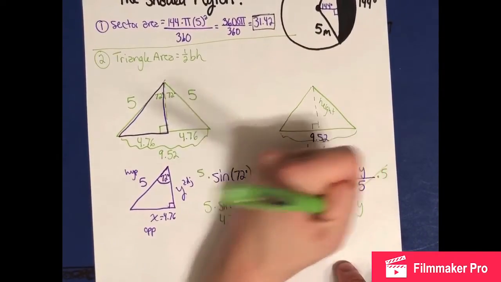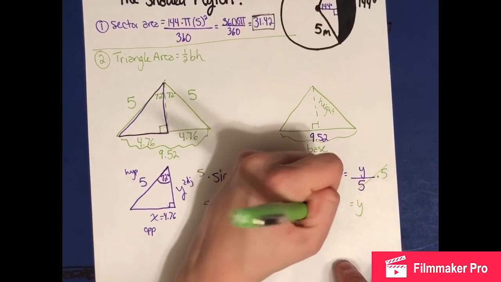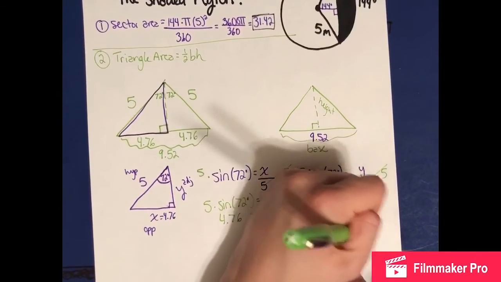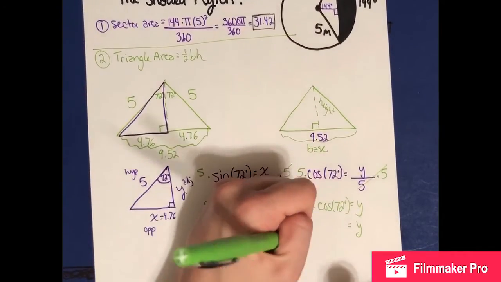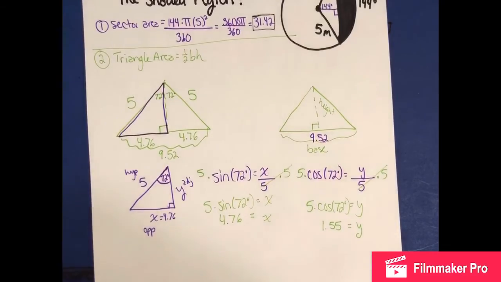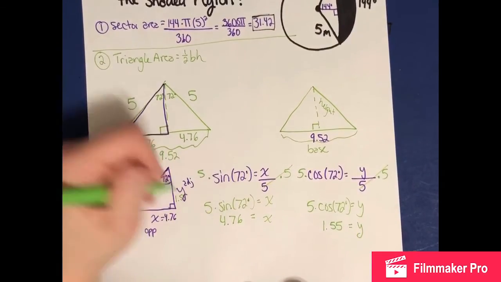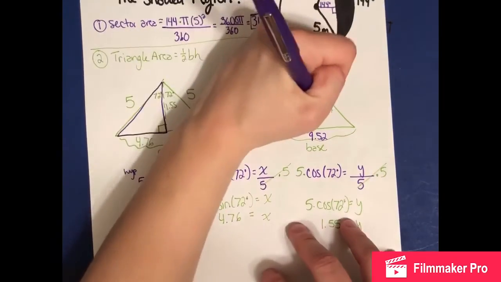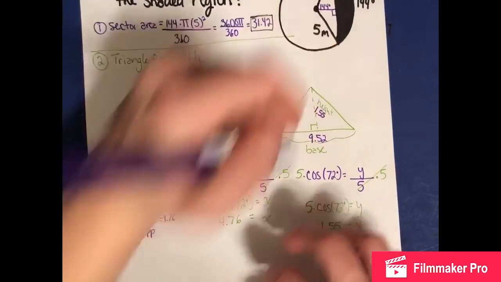I get y equals 5 times cosine of 72. Y equals, and we get 1.55. That's over here, so that is the height. So I'm gonna go over to the height and fill in 1.55.